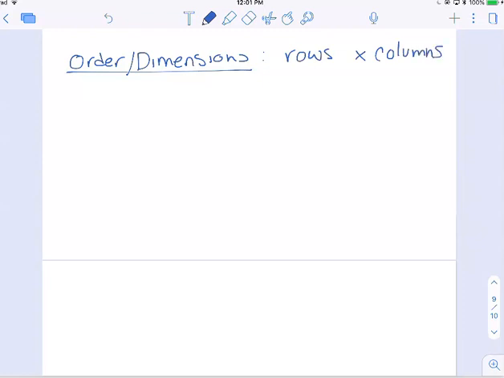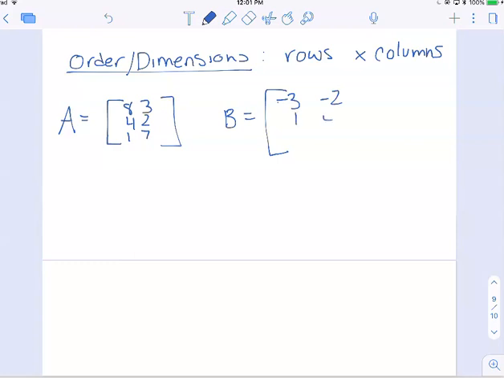So I'm going to write a couple of matrices here. So let's say we have A equals 8, 3, 4, 2, 1, 7. B equals -3, -2, 1, 6, 4, -5.